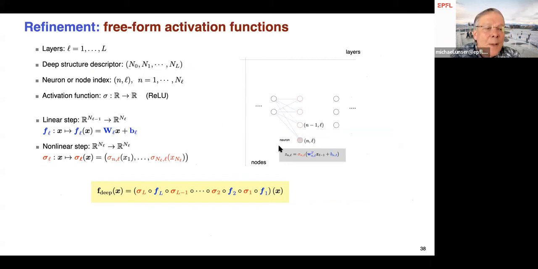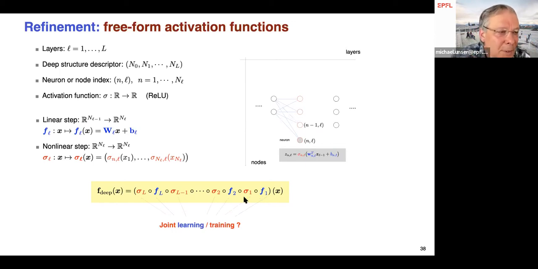So here's my neural network. I told you it was a composition of affine maps followed by pointwise nonlinearity. Now let's be crazy. Let's also optimize the pointwise nonlinearity. So let's train everything: the weights and also the nonlinearity.